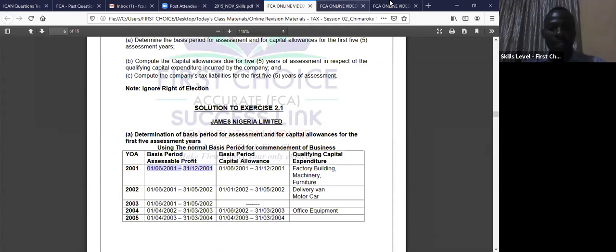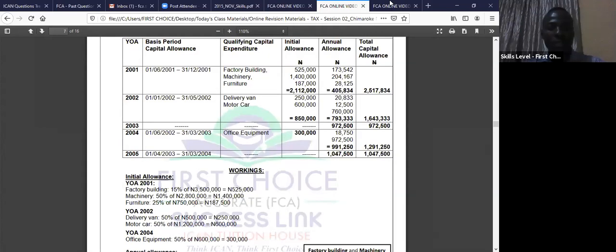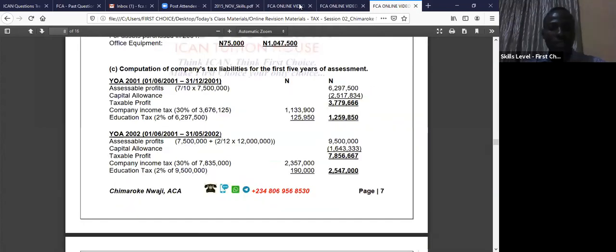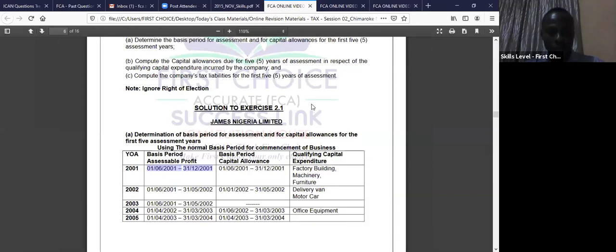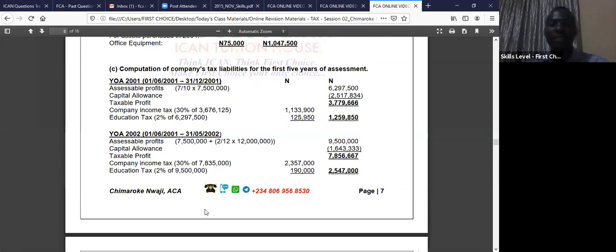That's the same basis period. All these basis periods you are seeing here are the basis periods we used for calculating profit. That's what we mean by assessment.